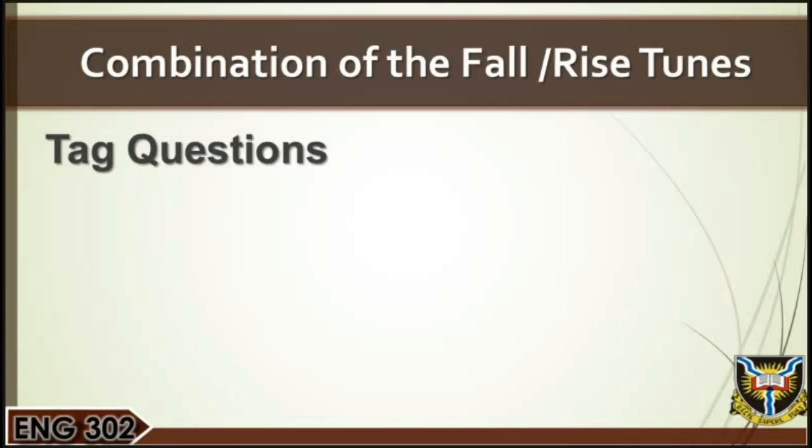When we produce utterances that end with question tags, we use the combined fall and rise tune. The falling tune will be on the statement part, while the rising tune will be assigned to the question tag, which sounds like a yes or no question. Do you remember that yes or no questions take the rising tune? Do not forget.